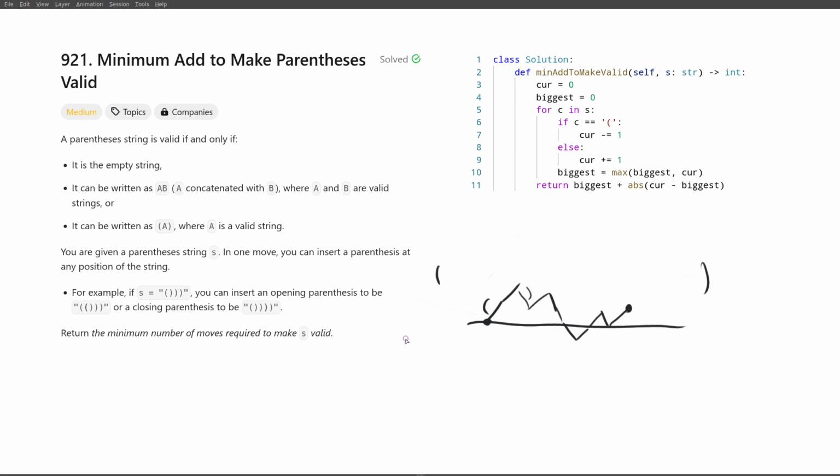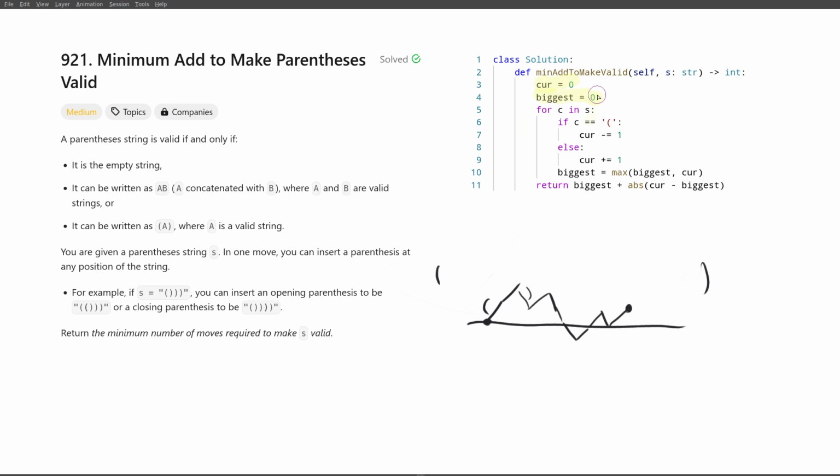And after looking at the parentheses and making that payment of adding opening parentheses to the left, the ends do not meet, so the final value is not equal to 0. We also have to pay to add closing parentheses at the end of the string to make that value equal to 0. Looking at the code, we'll be maintaining the current depth and the biggest dip that we've ever had.